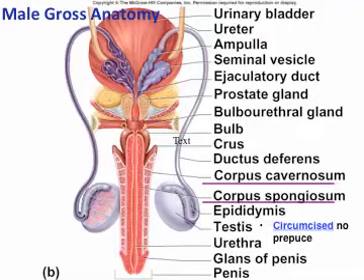If you follow the penile urethra up towards the top of the cartoon, where it passes through that strip of muscle with the bulbourethral glands on each side, that would be called the membranous urethra. And where the urethra passes through the prostate gland, that would be called the prostatic urethra. So there's 3 parts to the urethra in the male system. And then, of course, the urethra enters the bladder.